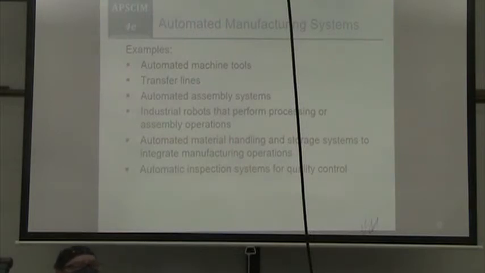Transfer lines. How do we get parts, products from one place to another? There are some automated assembly systems where you actually have a machine that does the assembly of parts, partially to build the product or completely.